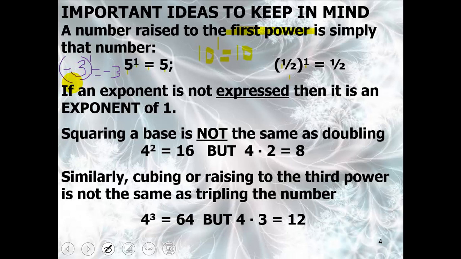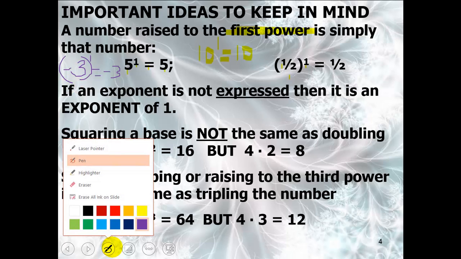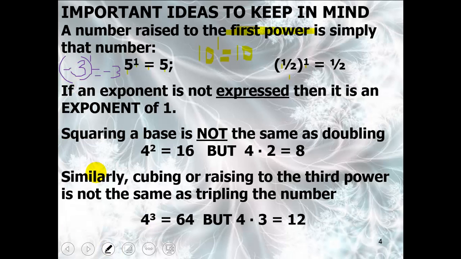If an exponent is not expressed, it's not written, then it must be an exponent of 1. So if you see 3 and they ask you to write it in exponential form, that's equal to 3 to the first.